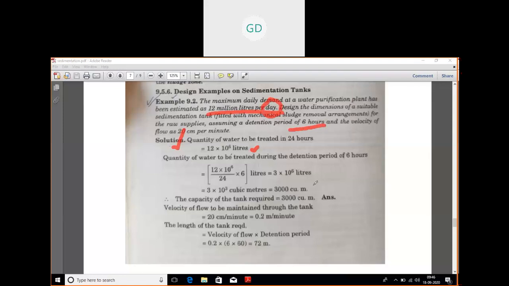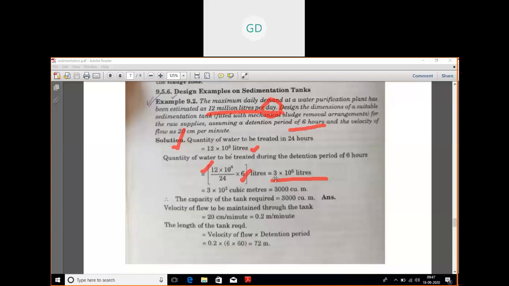First we need to find the capacity of the tank. For finding the capacity, we multiply the quantity of water with the detention period. So here it is 12 into 10 to the power 6 divided by 24, since it is million liters per day and we have converted it to hours, into the detention period of 6.